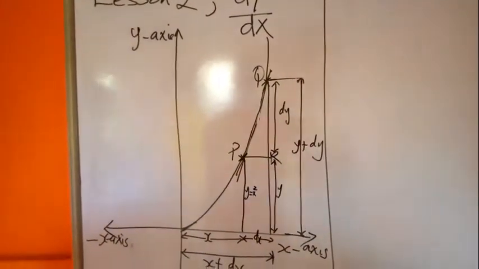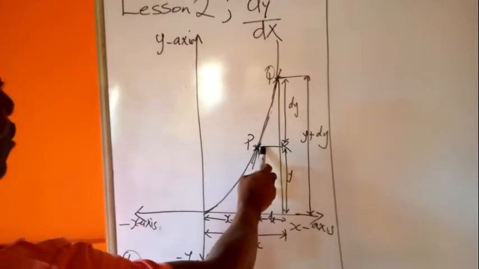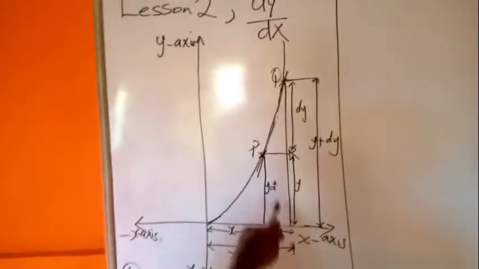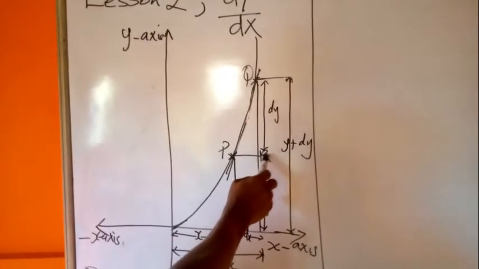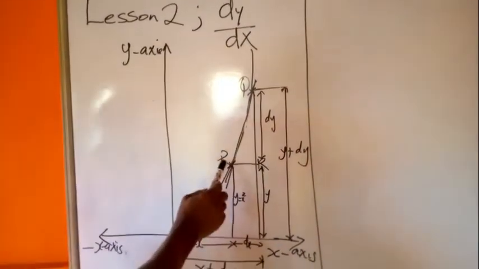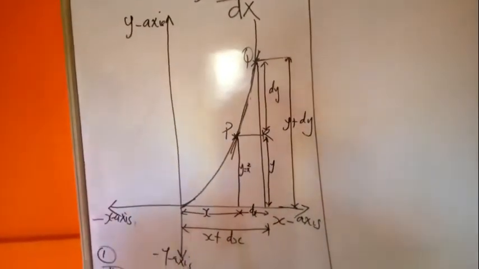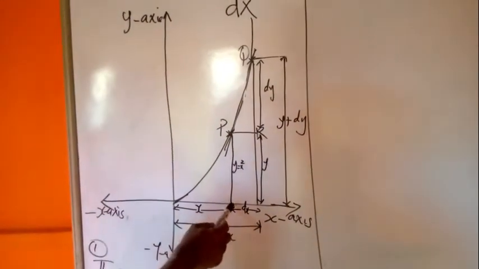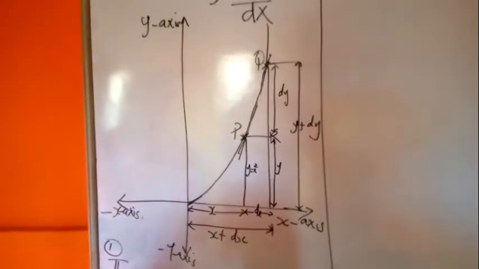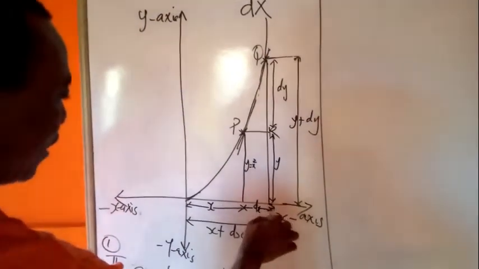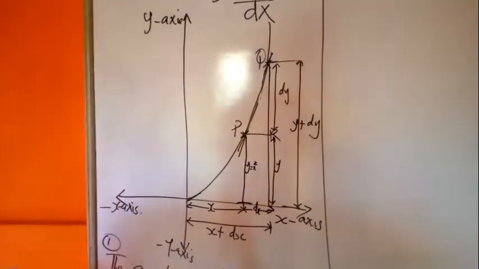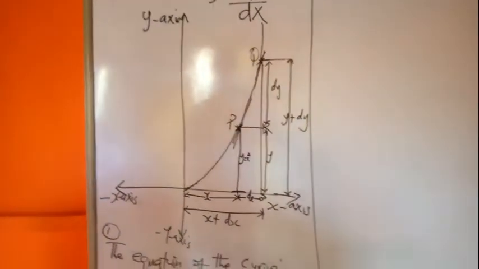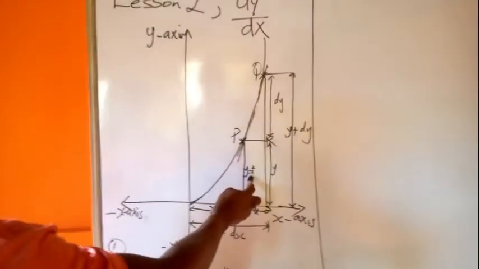And also, we now have a horizontal line. At this point, it is an arrow. So from P to the arrow is now dx. And from this point to this point, we can label it st, which means from t to p, we have x squared.